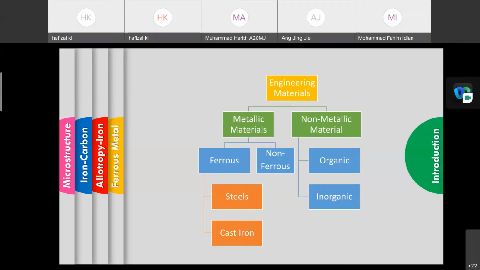So we have iron as the main matrix, and then we put in carbon, a small portion according to the percentage.